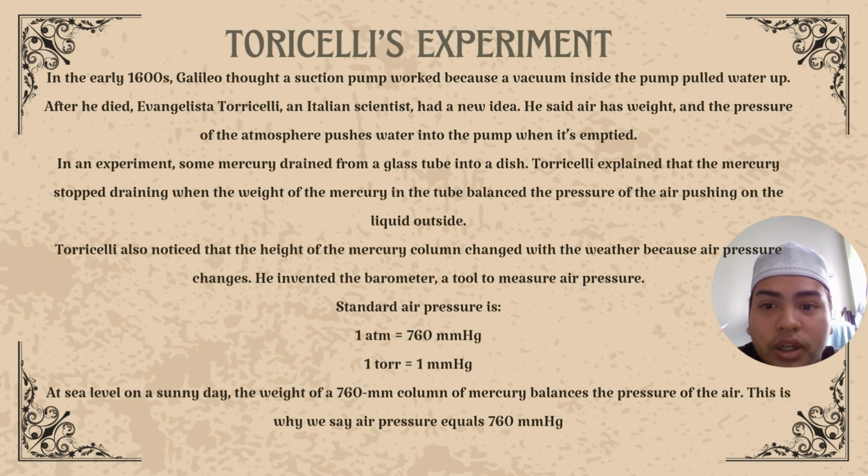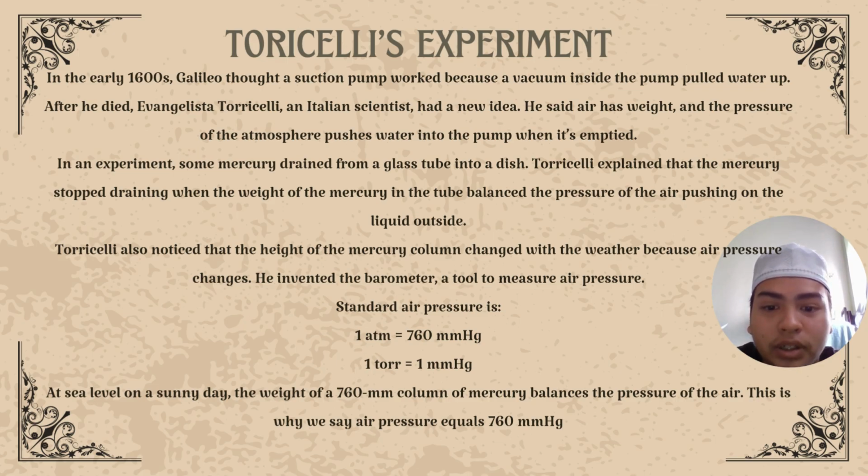After he died, Evangelista Torricelli, an Italian scientist, had a new idea. He said air has weight, and the pressure of the atmosphere pushes the water into the pump when it's empty.